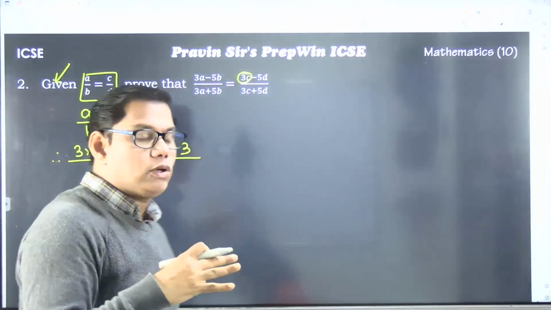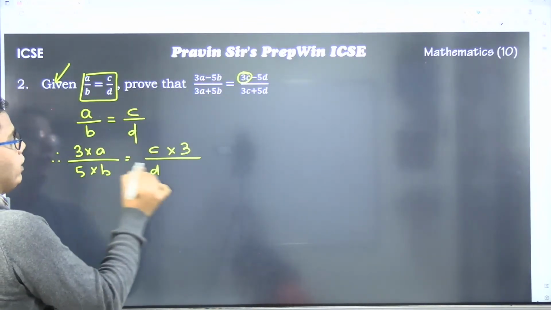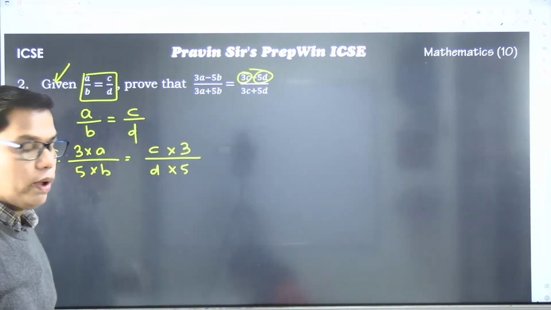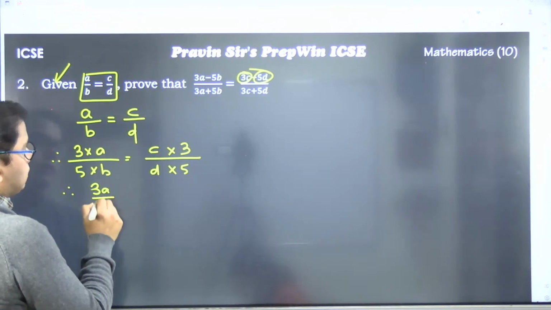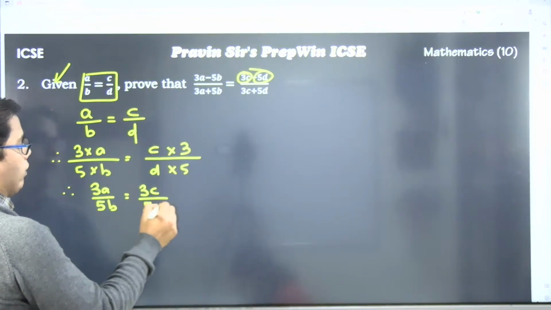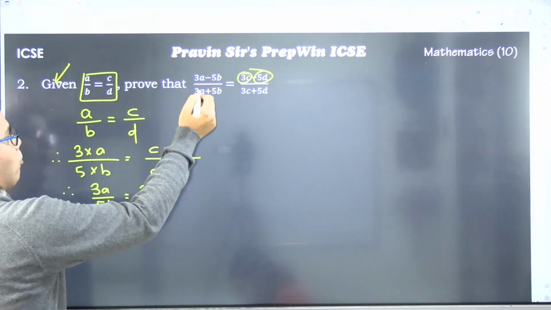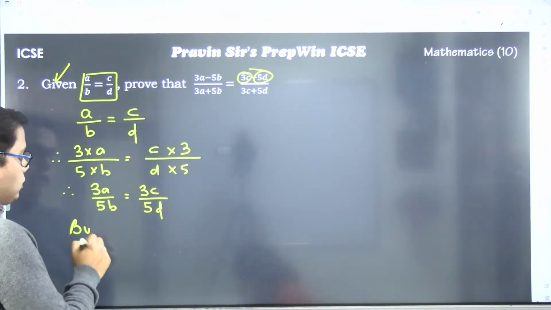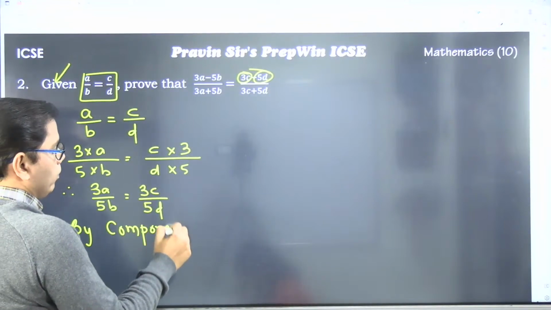Then 5b, so multiply 5 here and 5 here, 5d. So I have 3a upon 5b is equal to 3c upon 5d. What I want is 3a minus 5b upon 3a plus 5b. So my property is the property of componendo and dividendo.